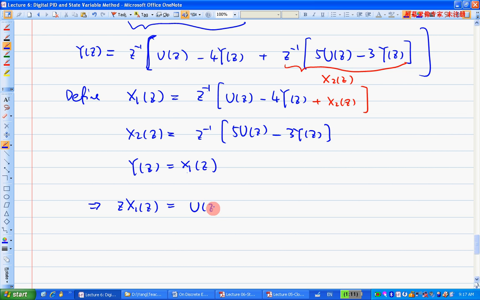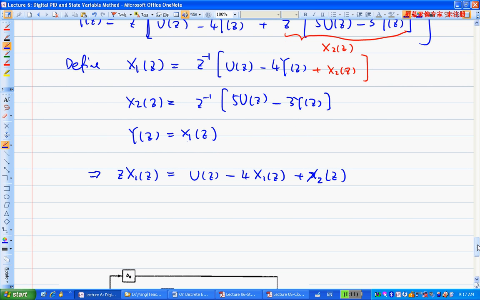So z x1 of z equals u of z minus 4x1 of z plus x2 of z. The second one is similar: z x2 of z equals 5 u of z minus 3 y of z, which is x1 of z. So now we have this.